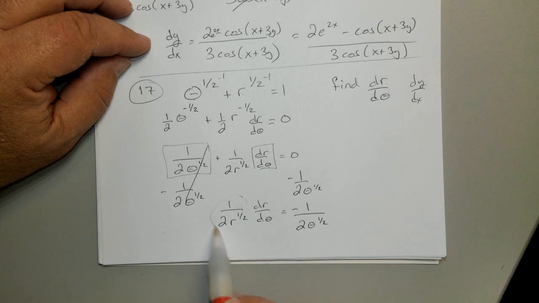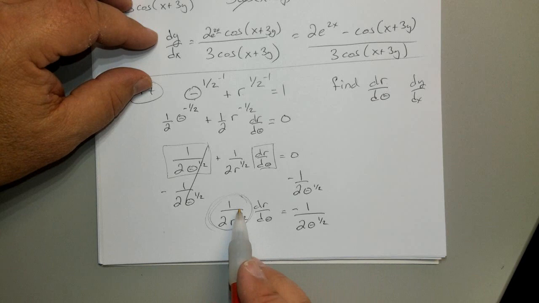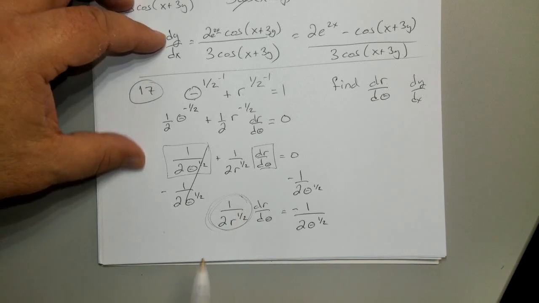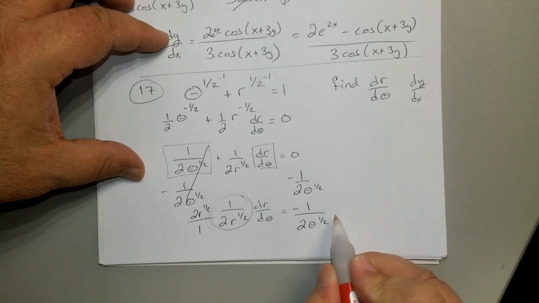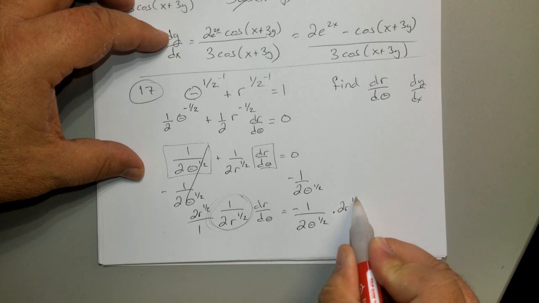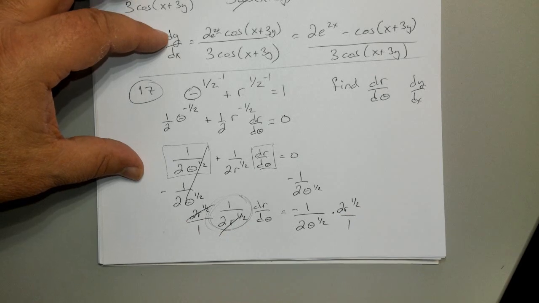We have to get rid of this. How do we get rid of that? Since it's a rational, multiply by its reciprocal. Those cancel.